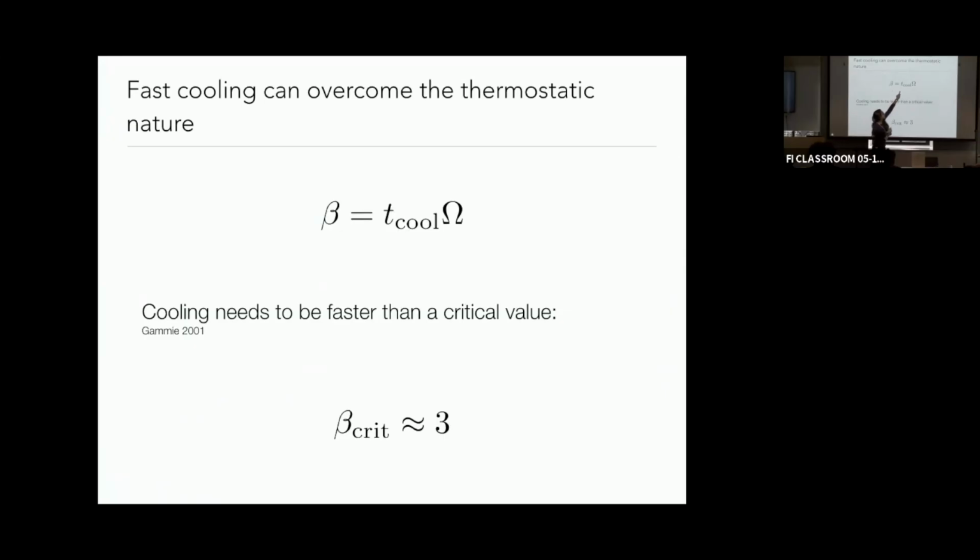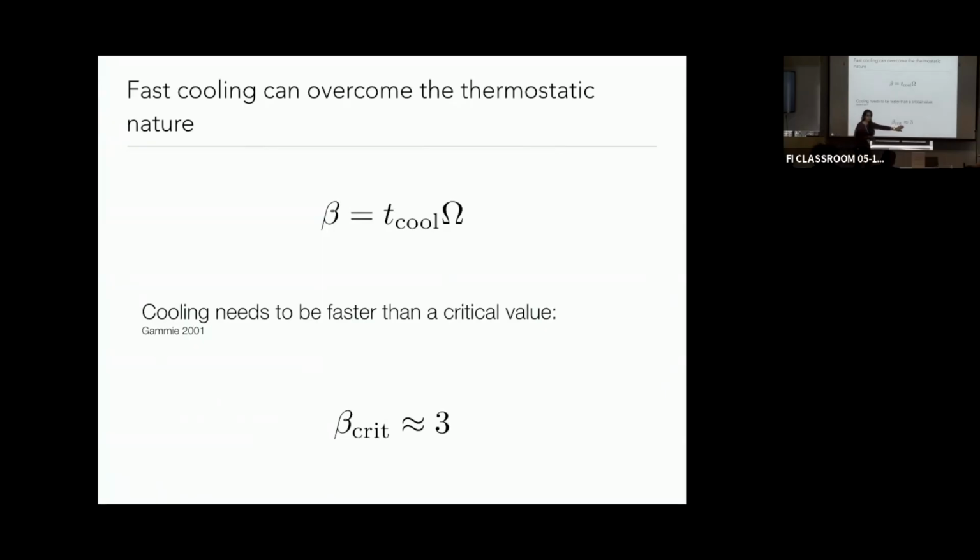That is essentially a dimensionless cooling parameter, right? It's a cooling time in units of the orbital time scale, essentially, right? So here's what we know from a couple of decades ago, that we need to have the cooling being faster than a critical value in order to get the disk overcoming that thermostatic state and ending up in a state where it can actually fragment, right?